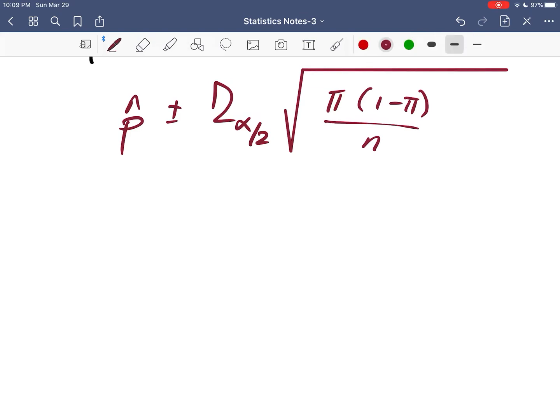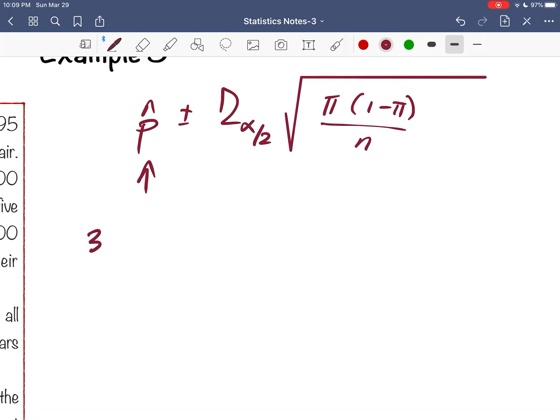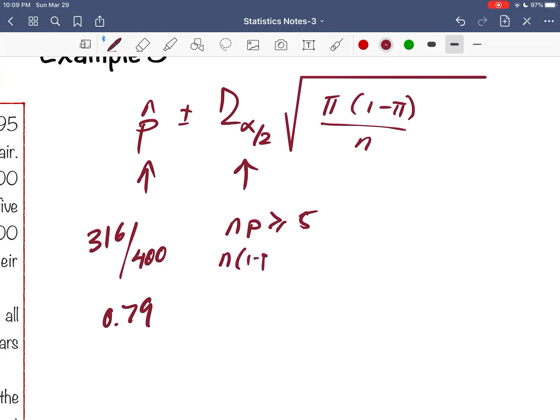So step 1, let's figure out what that proportion is. That's simple. It's 316 divided by 400, which gives you something like 0.79. Okay, so then we need to figure out what Z is and if we need to use the Z value. Well, we need to use the Z value because if you remember, n times p tells us if a sample is large, and n times 1 minus p also has to be done in order to confirm that the sample is large.